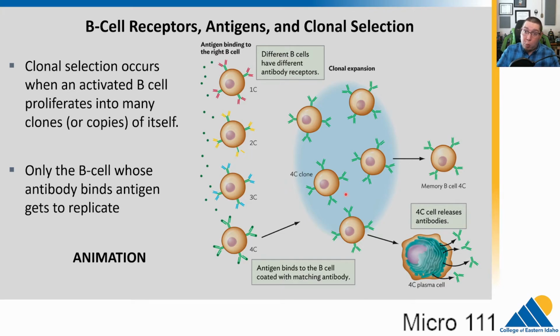That's probably because there's a problem. I've got to make lots of copies of myself. It also makes memory cells and plasma cells that make the antibody that recognizes the green antigen. Okay, this sounds a little complicated and it's a little overwhelming, but let's watch the animation. Hopefully it'll make a little more sense.